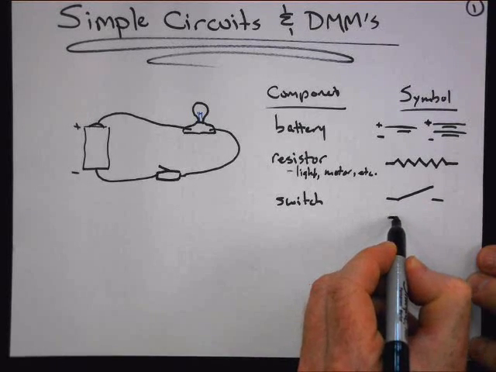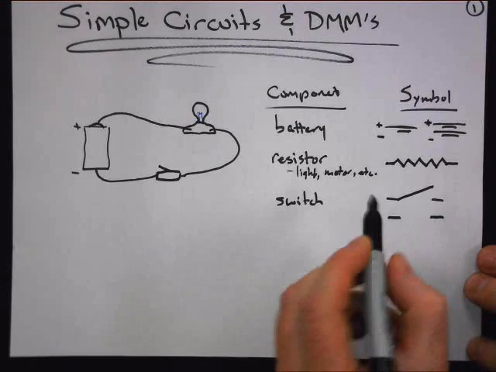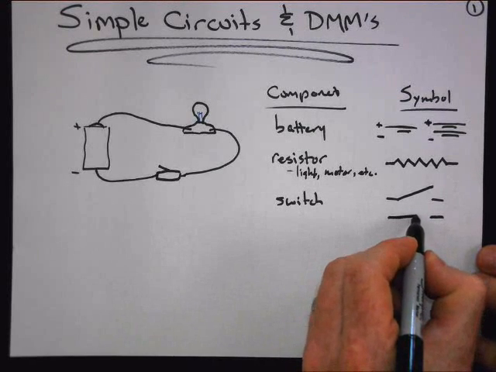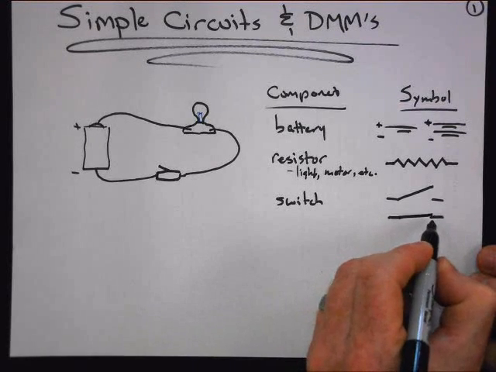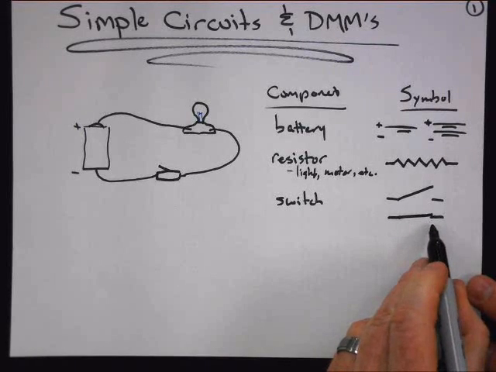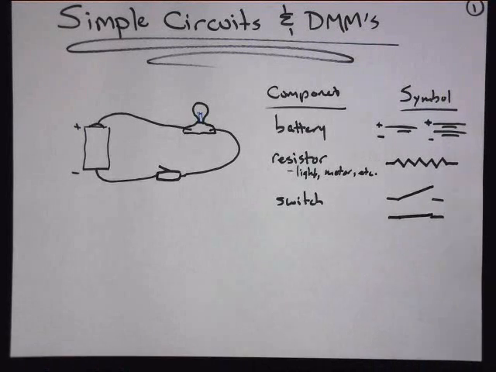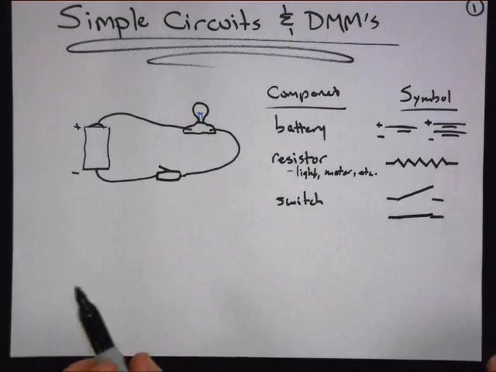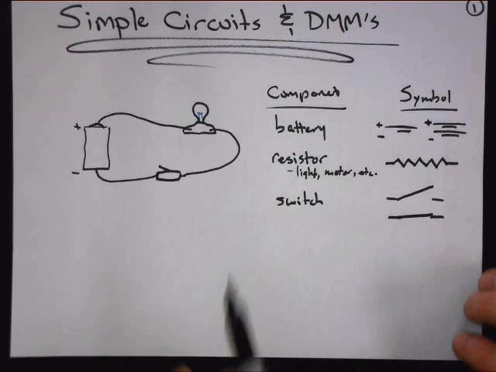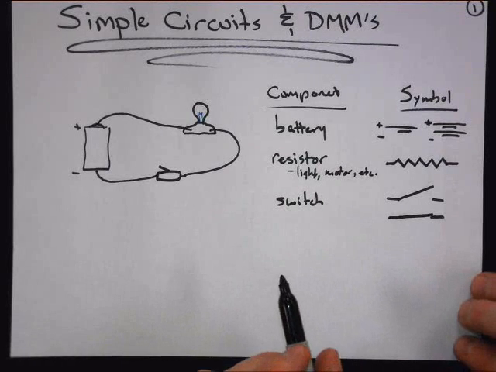To put it in the on position, what you do is you draw it kind of just like there, just offset but touching, right? It's a very subtle thing. I'm not concerned with switches. I'm not going to ask you to draw them most of the time, but at least you know what it is, right?